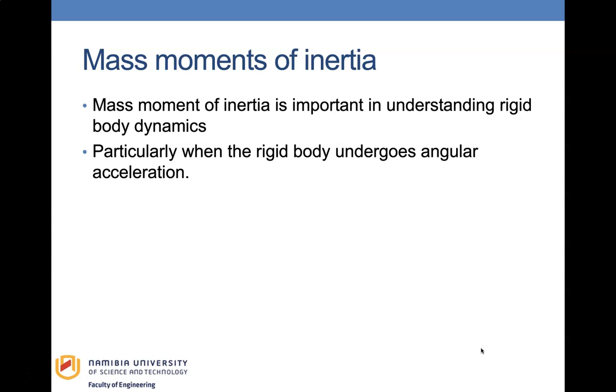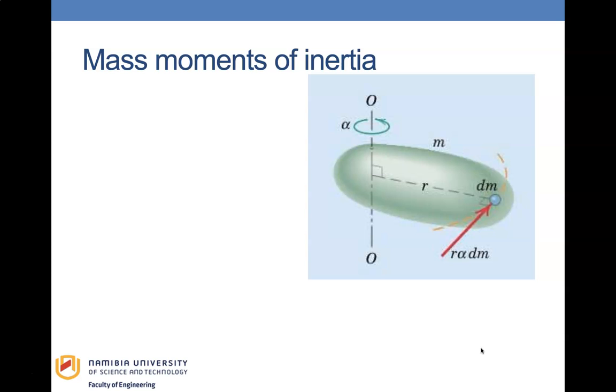This is usually encountered whenever a rigid body has an angular acceleration about its axis of rotation. An understanding of mass moment of inertia is therefore necessary for the study of rigid body dynamics because we will encounter these integrals. Consider the body of mass m in this figure rotating about an axis OO with an angular acceleration alpha. Every particle in the body will move in parallel planes that are normal to the rotation axis OO.